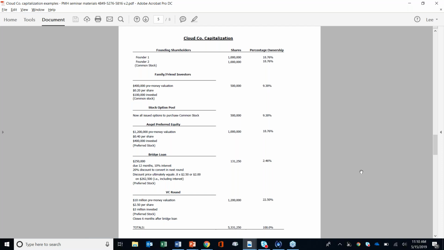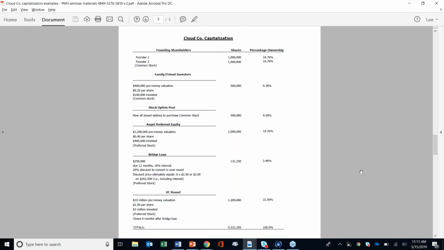that you're anticipating having. And so you can see in this particular scenario, the bridge loan amount was $250,000, and the only key term associated with that particular bridge round is that the bridge lender said, whatever price you raise per share in the next round, we want to buy into that round at a 20% discount.